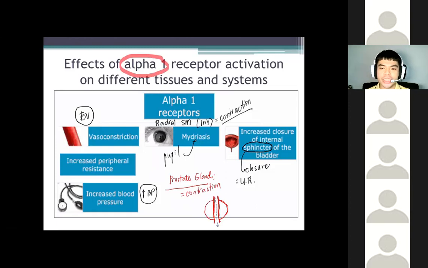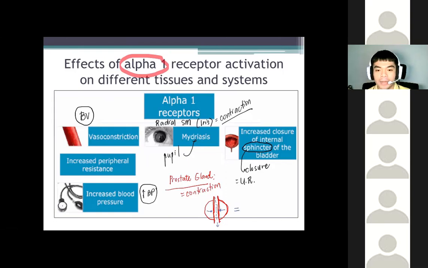Now, when there is alpha-1 activation in the prostate gland, there is contraction. And when we say contraction, this means that the prostate gland creates puwersa, it creates force towards the center, papuntang gitna. So napupush ng prostate gland yung urinary tract towards the center.